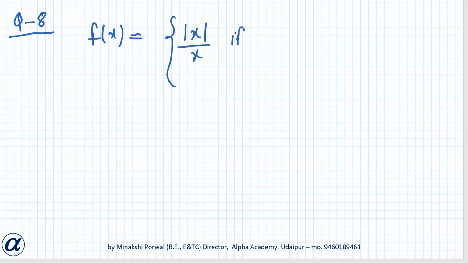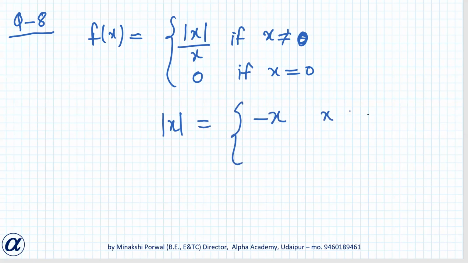Question. f(x) equals modulus x upon x if x is not equal to 0, and 0 if x is equal to 0. So we know that the modulus function is equal to minus x if x is less than 0, and equal to x if x is greater than or equal to 0.